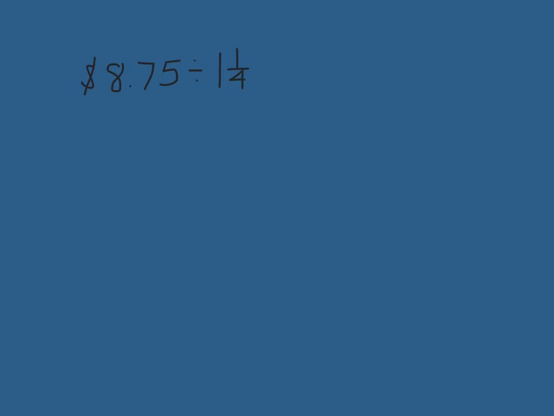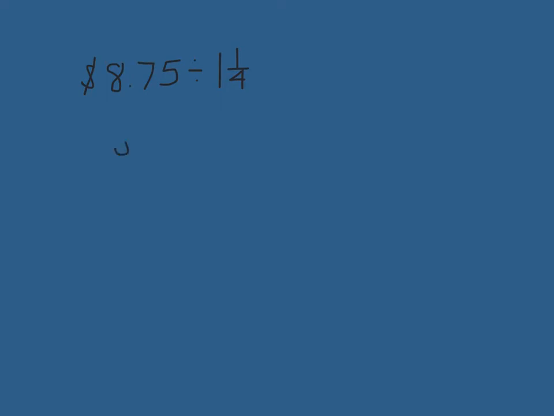Now let's take a look at dividing fractions in money. So we have $8.75 divided by 1 1/4. So we're going to need to rename these as fractions. $8.75, I would put that over 1.